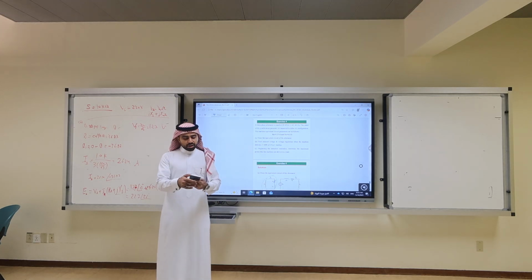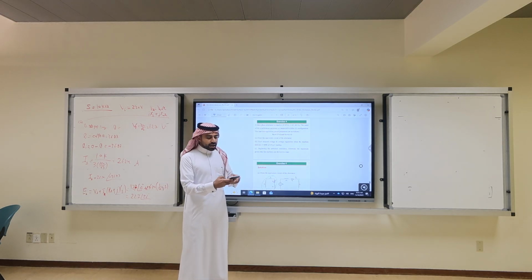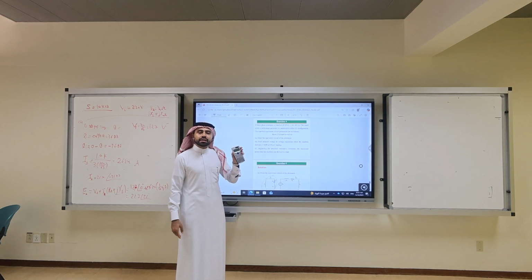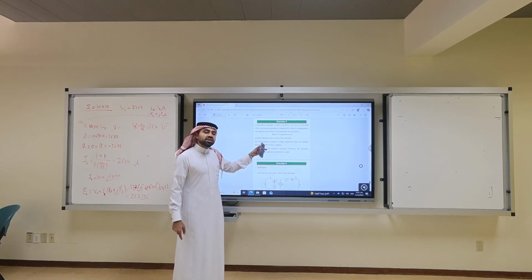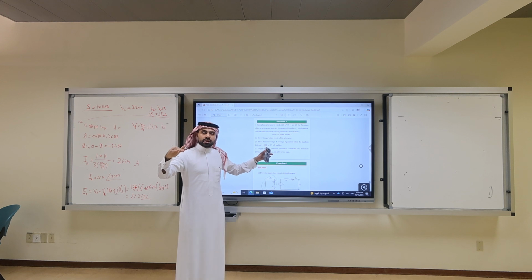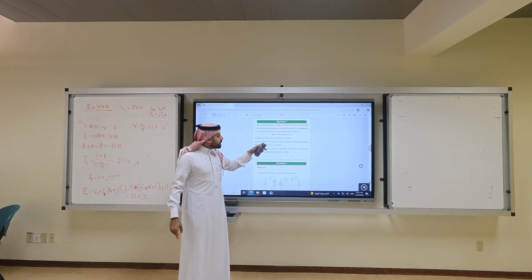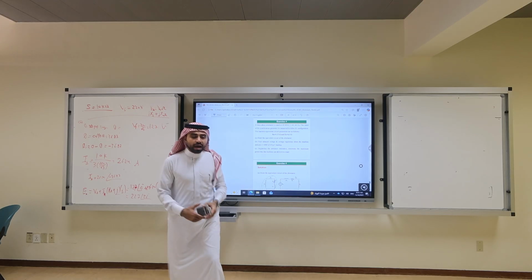Correct. 20 MVA times 0.9. What is the answer? 18. Here how much? 15. It means we are 3 megawatt below rated. It means I cannot use this S to calculate the I. I need to use this P to calculate the I.